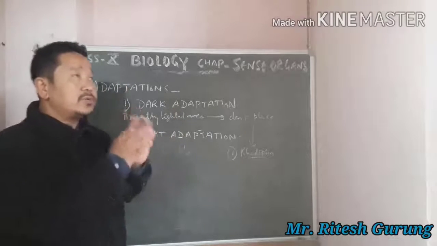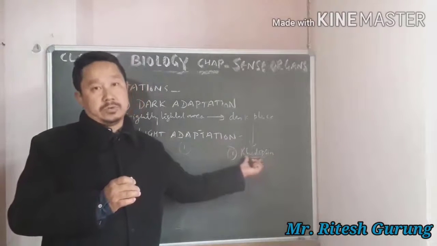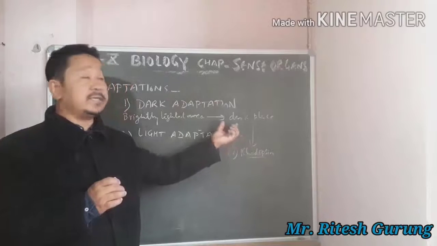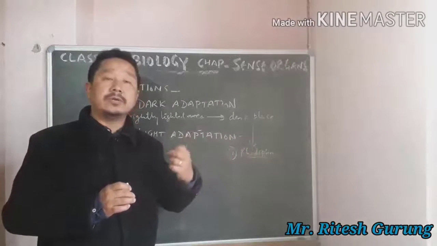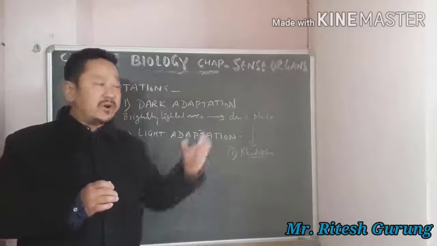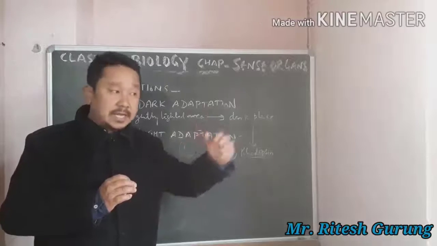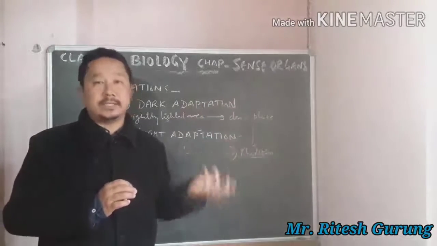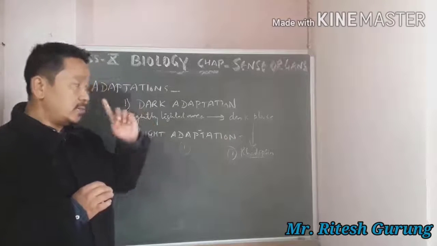Now when you enter the dark place, the rhodopsin gets regenerated. Regeneration takes a little bit of time, so you will slowly adjust and slowly gain your vision. All right, that's number 1.